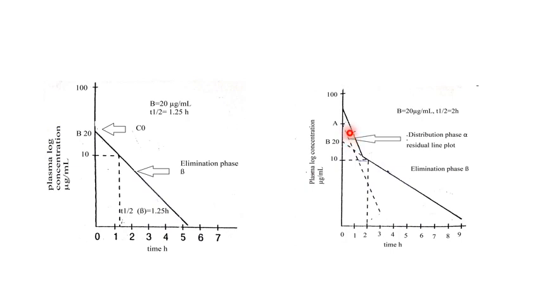Now when we applied the method of residuals or the feathering technique, we obtained a concentration that is the A, and if we recall, we said that the sum of A and B is basically the total concentration which is present inside the plasma. And talking about this A, when there is a steep decline in concentration, we call it the distribution phase, and this alpha is the constant that describes this distribution. So in case of two compartment open model, this is the area under the curve, and it is basically the sum of A over alpha plus B over beta.